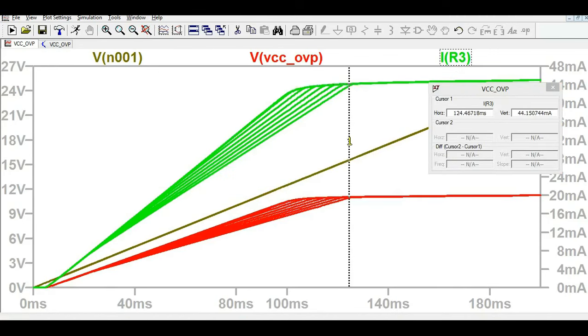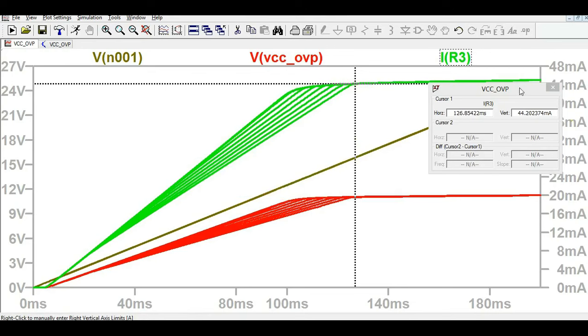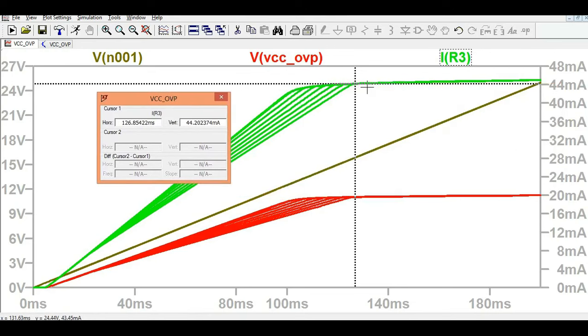After this point, you are getting a more or less constant output current in this region, and you also see the constant output voltage, that is 11.2 volt, and the current is around 45 milliampere.